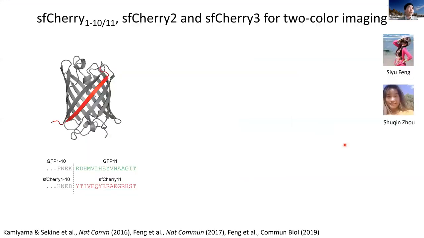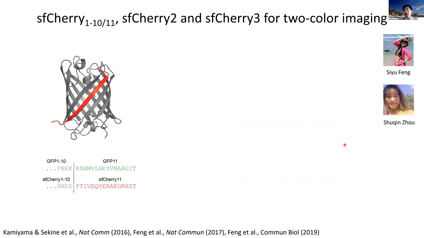For us, we just keep on developing the technique. One thing that we really want is a second color, so that we can see protein colocalizations and interactions. This started with the SF Cherry system that was designed and tested by a rotation student, Barcy Ryan, in the lab.